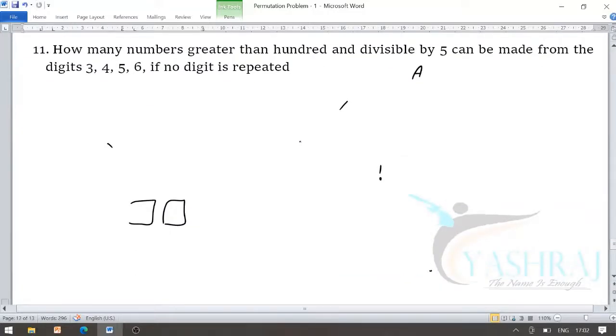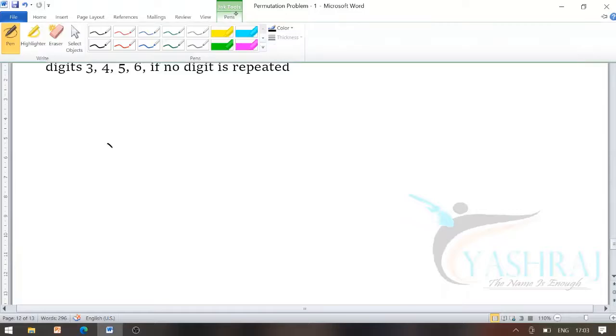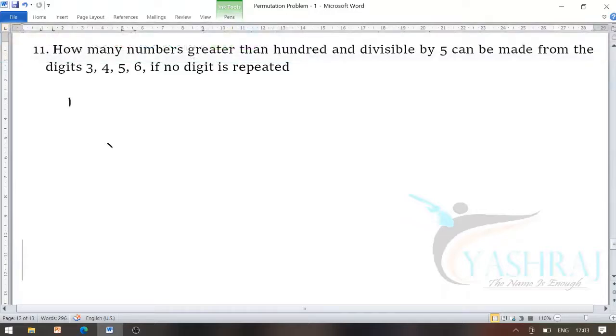Question number 11. How many numbers greater than 100 and divisible by 5 can be formed by the digits 3, 4, 5, 6 if no digit is repeated? So keep in mind, the number which is greater than 100 might be a 3-digit number, or as we are given 4 digits, we can form a 4-digit number also.